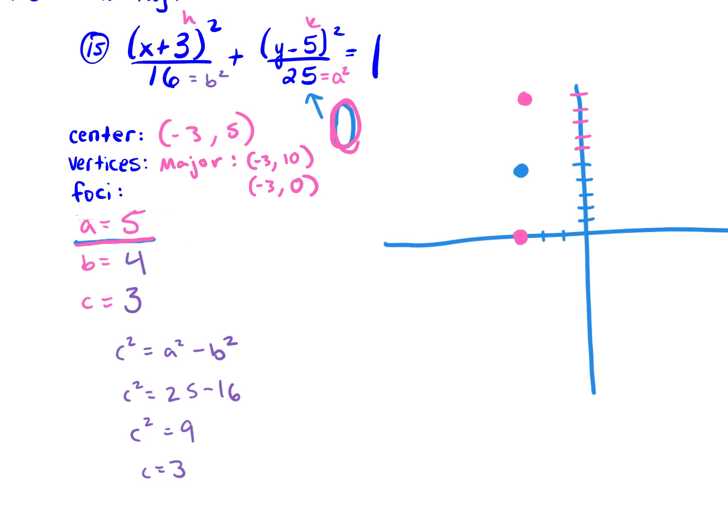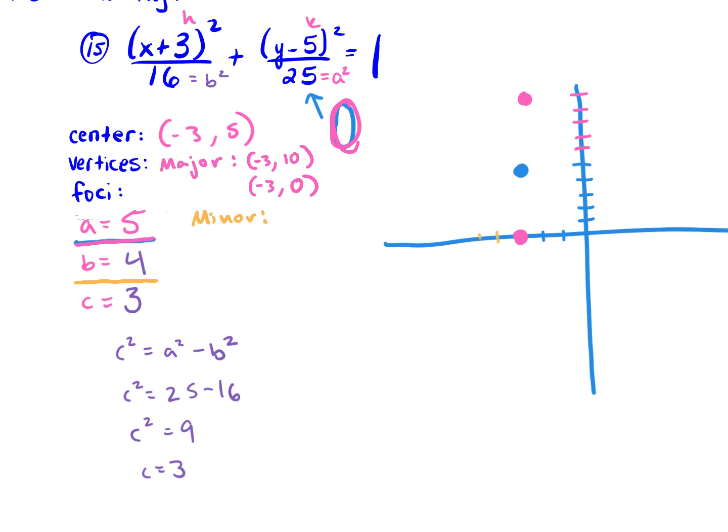So next, let's find our minor vertices. B is the distance from our center to our minor vertices. So I'm going to go 4 in which direction? 4 to the left and 4 to the right.